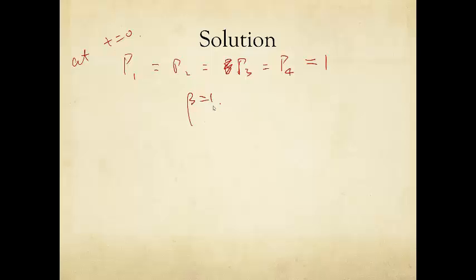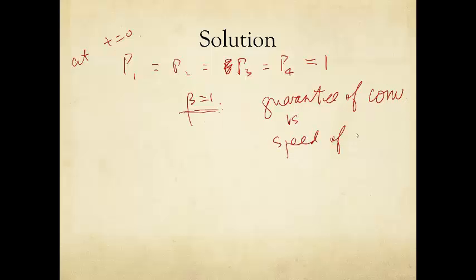In a homework problem, you will experiment with different step sizes, and you will see that when the step size is too big, it will lead to divergence. But when the step size is small enough, it guarantees convergence, but the convergence can be very slow. So there's a trade-off between guarantee of convergence versus the speed of convergence. But now we pick beta to be 1 to illustrate the algorithm.